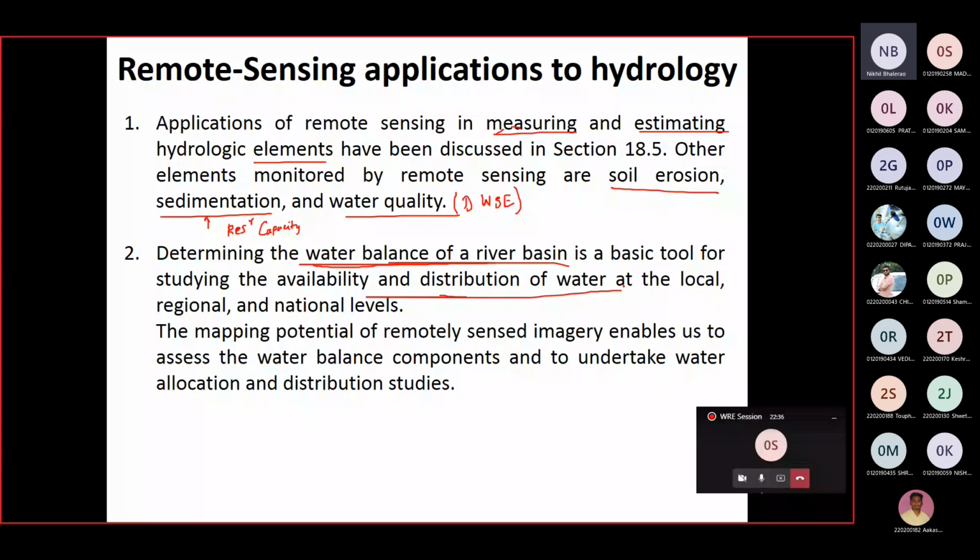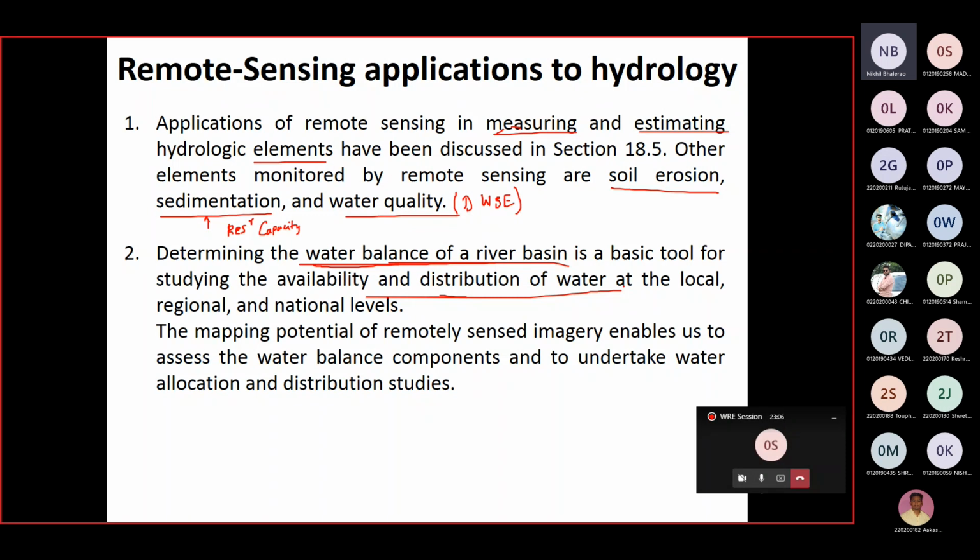So mapping of the regions where potential water sources are available can be done by means of images available through remote sensing. Remotely sensed imageries help us in identifying the potential zones of water resources where different sources of water are available, maybe above the surface or beneath the surface as well.